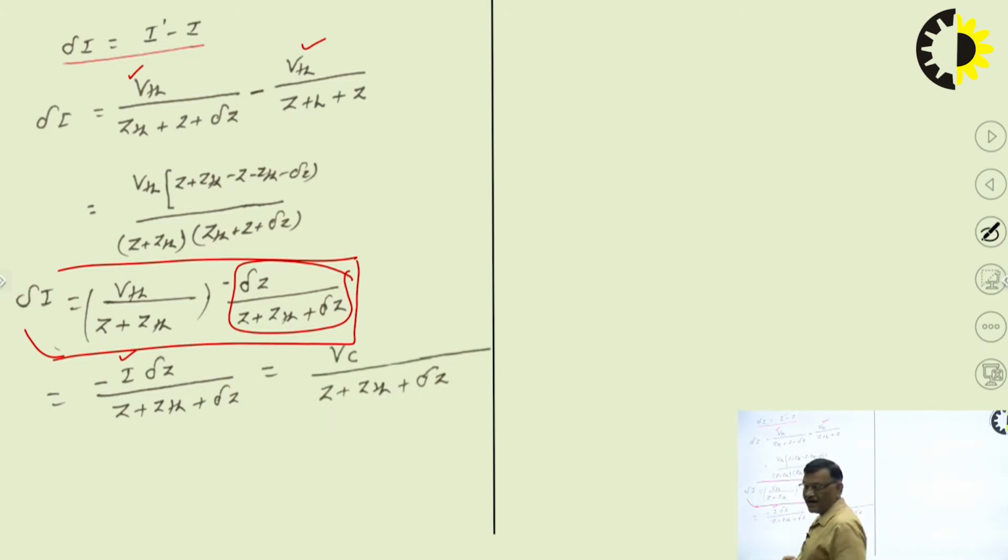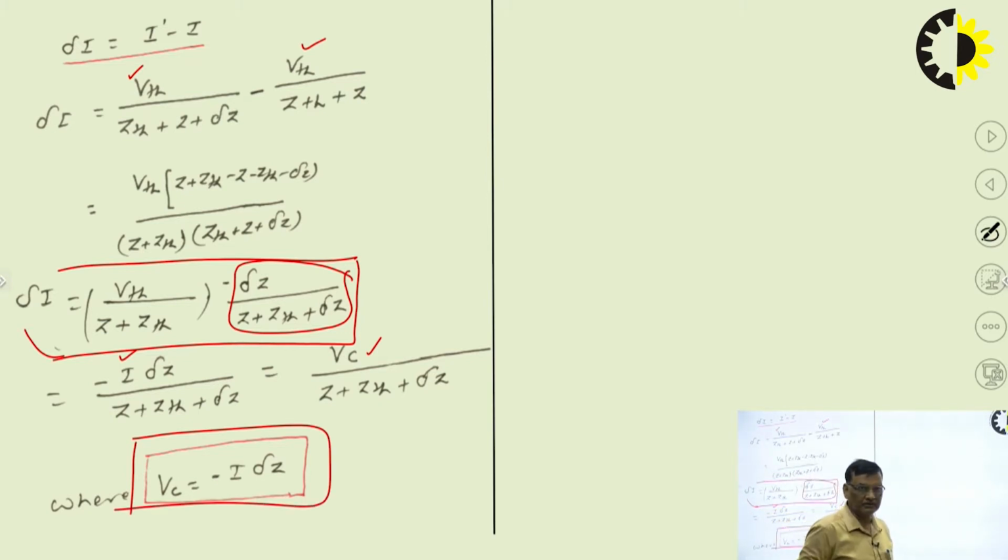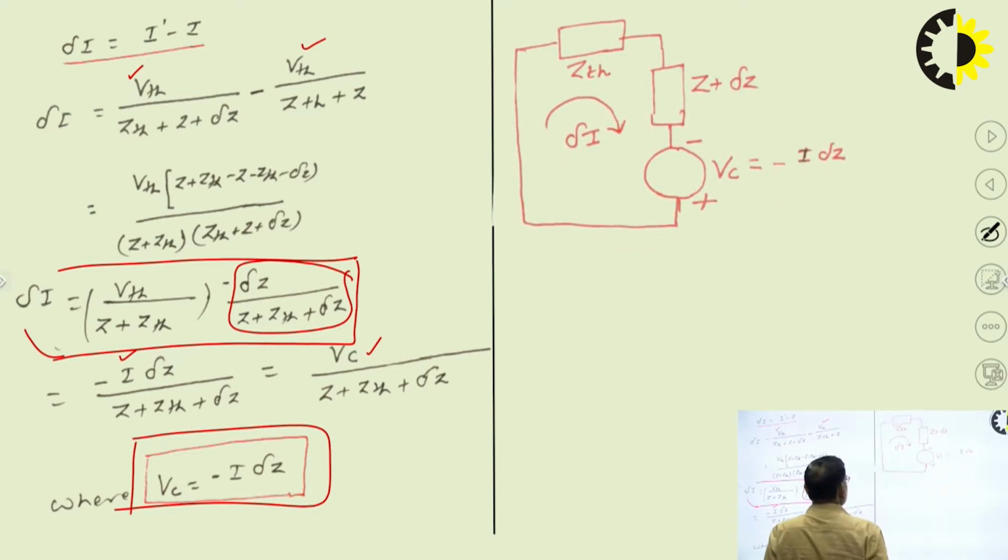This minus I into delta Z is written by the symbol Vc. So Vc is minus I into delta Z. This is called the compensating voltage Vc, the EMF we inject in the modified branch to find the changes in other branches of the network.